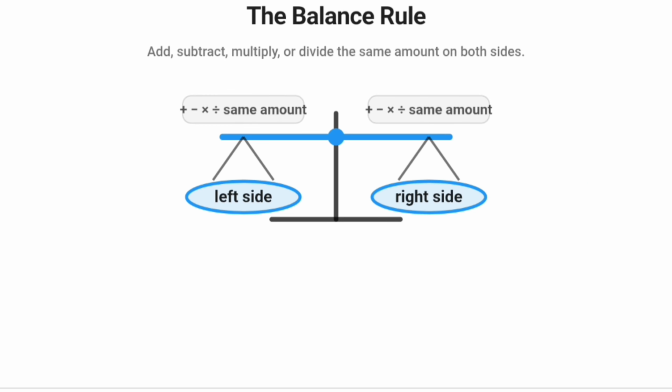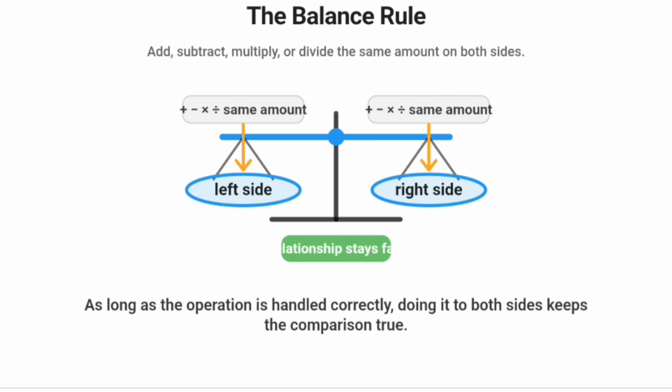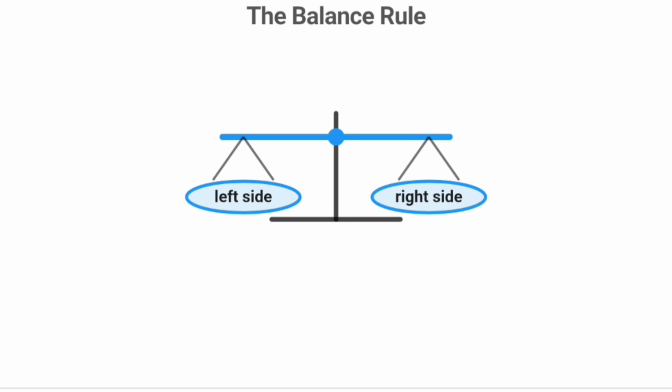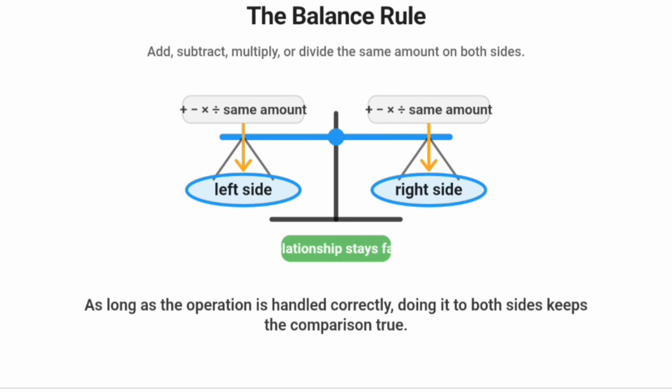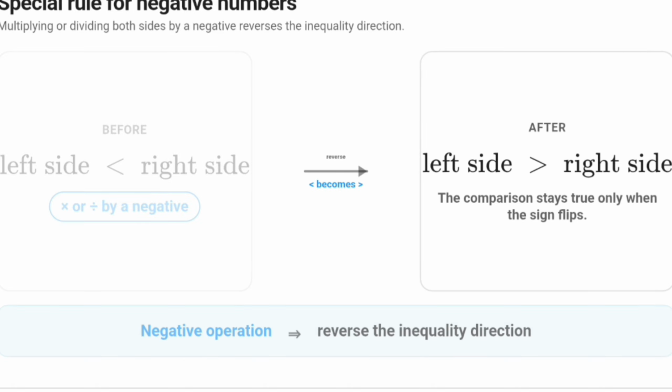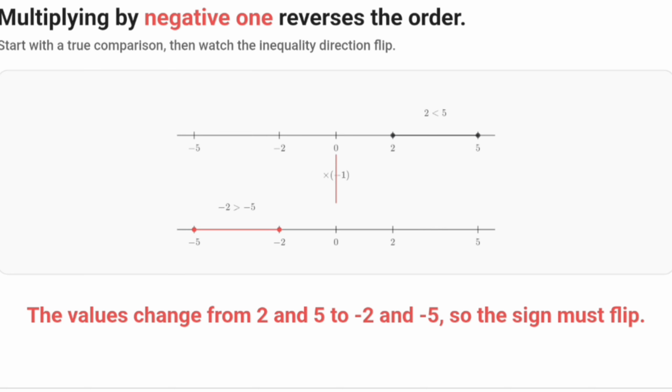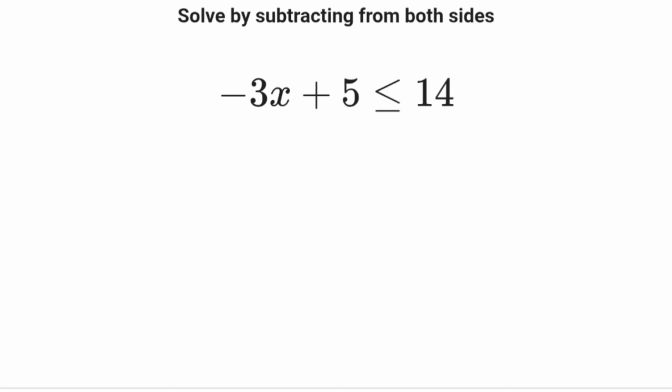Much like solving an equation, the balance rule says that adding, subtracting, multiplying or dividing the same amount on both sides keeps the relationship fair as long as the operation is handled correctly. The special rule is that multiplying or dividing both sides by a negative number reverses the inequality direction. This reversal happens because multiplying by negative 1 changes the order of numbers. Since 2 < 5 is true, but -2 > -5.